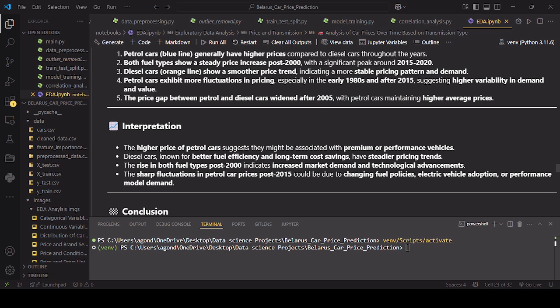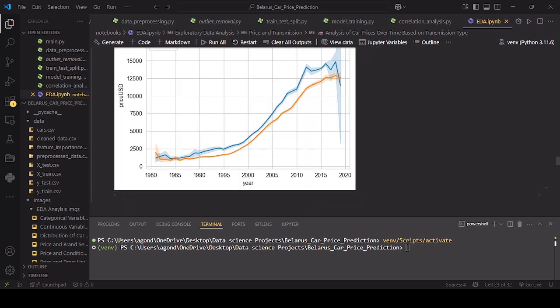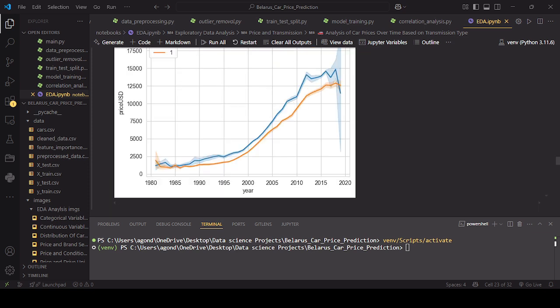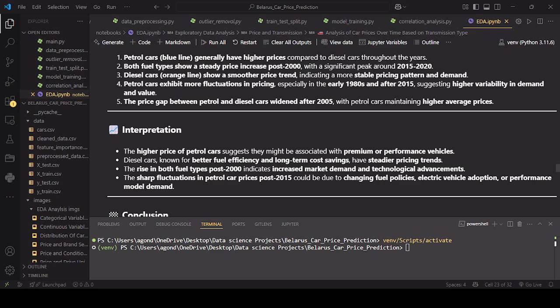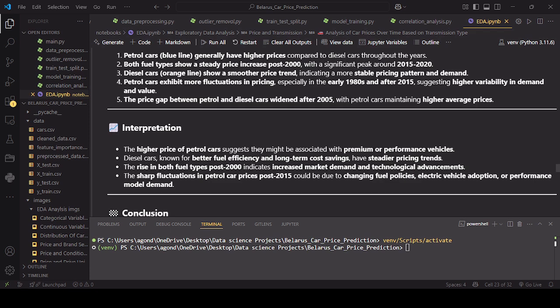Petrol cars have more fluctuations in the time of early and after 2015. Right here you can see that as the trend of electric cars started to come into the market, at that moment, the price of petrol cars went higher.